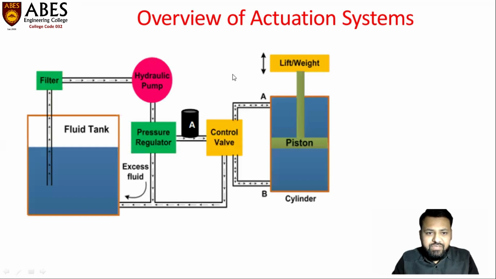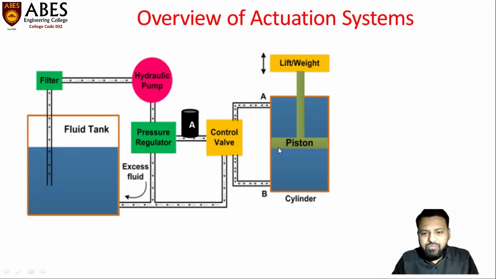So this is a basic block diagram for the working of a hydraulic actuation system. Here we have a fluid tank which can supply a particular fluid. After that, a filter is there to remove unwanted materials or dirt from the fluid, which is going to be used for doing some mechanical work. Then a hydraulic pump is there which can supply the fluid to a particular cylinder.